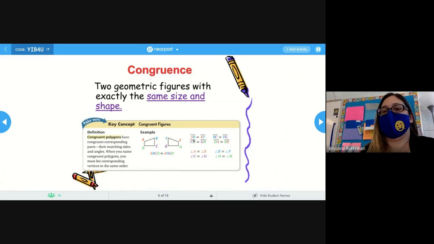And so yesterday we practiced writing out these statements. We said side AB would be congruent to EF. And we said that order matters, right? So we were big yesterday about practicing the order. We're still going to be practicing that also. So I wanted to refresh that from yesterday.